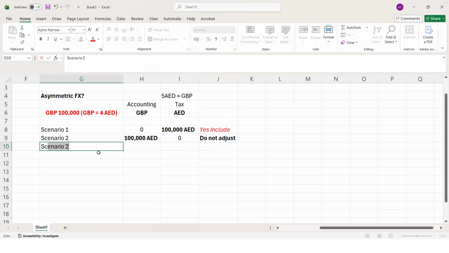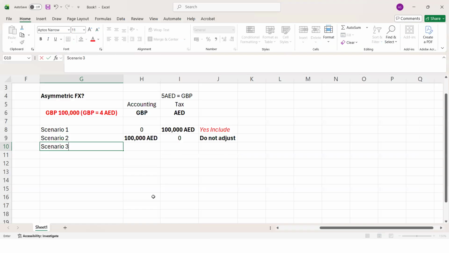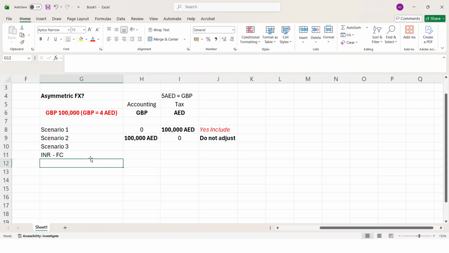There could be a scenario 3 also, that is foreign currencies. A transaction in a third currency creates an accounting gain. Let's say I am in a country that uses INR as my functional currency, but I borrow in JPY. Definitely in accounting, there would be a problem.